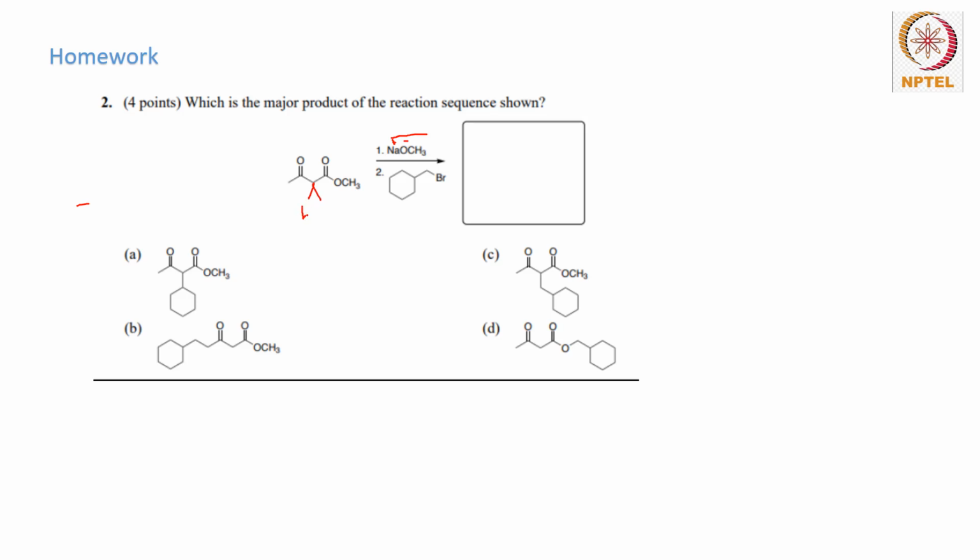Here, as these methylene protons are in conjugation with two carbonyl groups, therefore they are more acidic. This other proton is also in conjugation, but only with one carbonyl group, whereas these two protons are in conjugation with two carbonyl groups. So these protons are more acidic than that of this CH3 proton. So these are acidic.